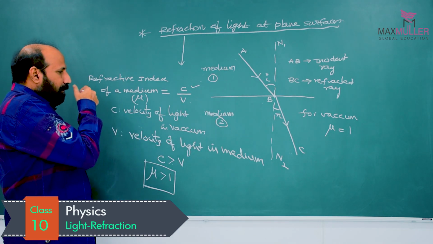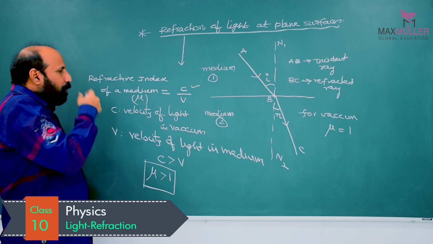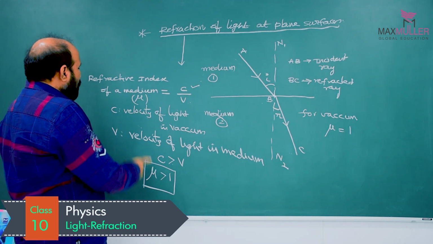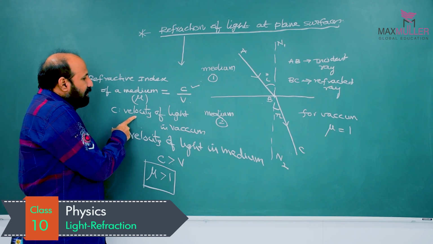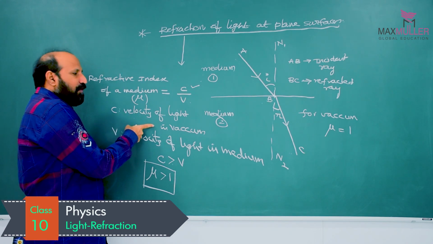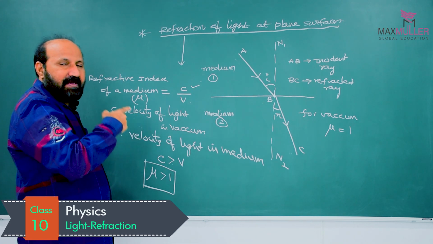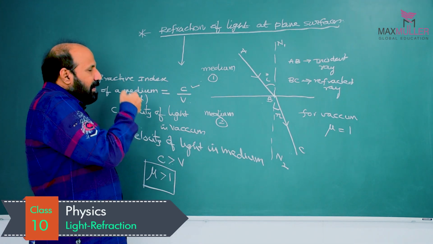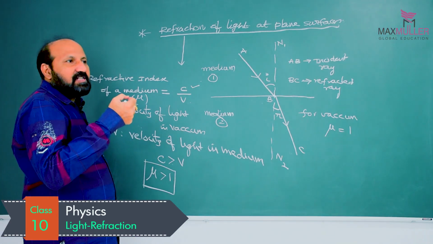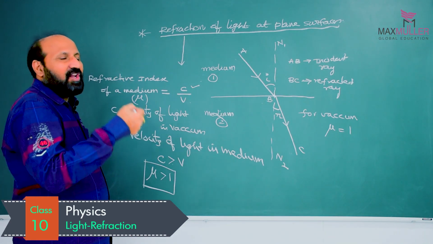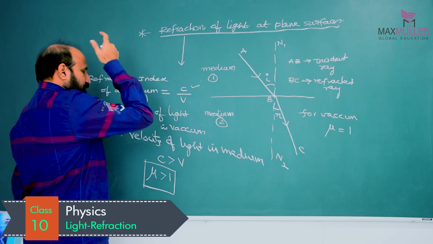So now we have concluded 2 points. One is velocity of light is maximum in vacuum when compared to any other medium. It may be water medium, it may be glass medium, it may be any other medium. The velocity of light is less than the velocity of light in vacuum.